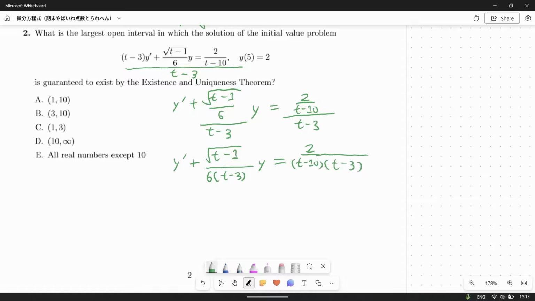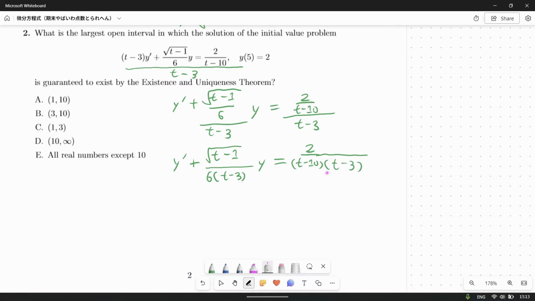And so now we have all the terms that we want in the denominator that will help us to see where the discontinuities are. So in this case, we have two potential situations that would give us a discontinuity, that being this t minus 3 term here and this t minus 10 term here.